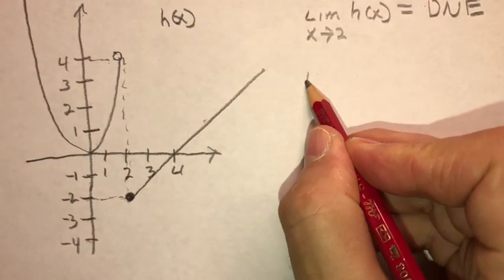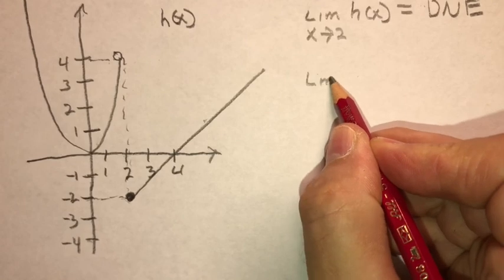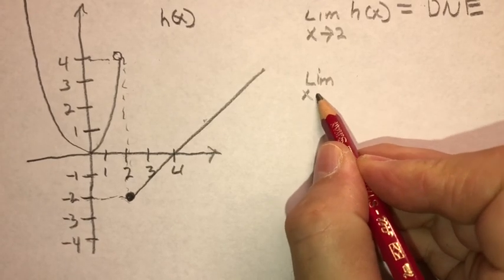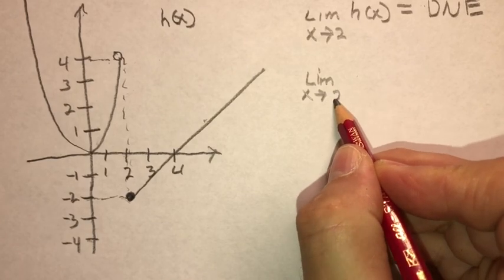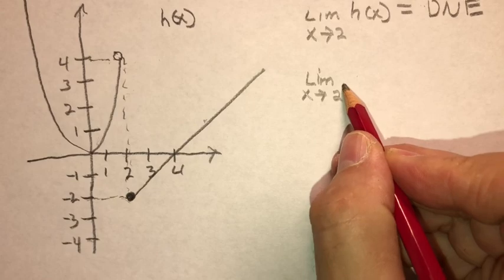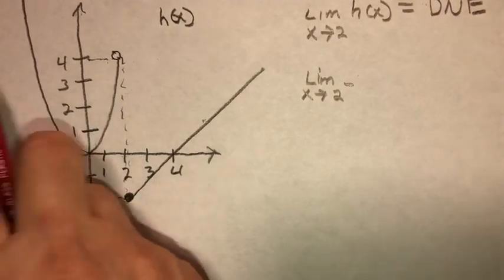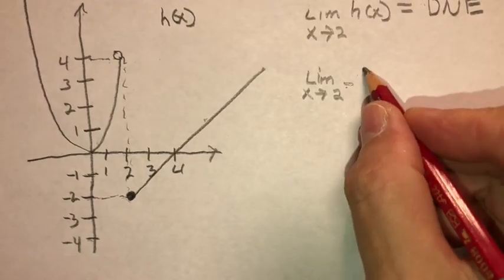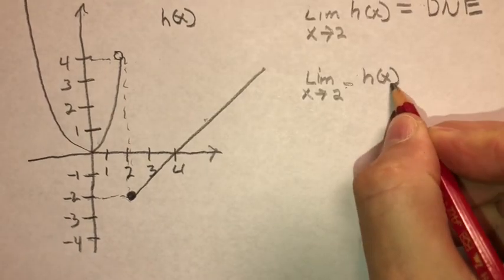So I can write down the one-sided limits. I'm going to do the left-handed limit first. So this is the limit as x approaches 2 from the left of h of x.